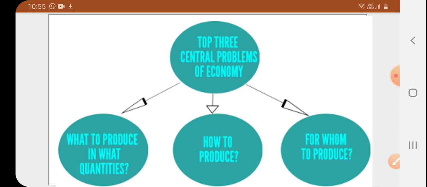How to produce: using equipment, services, labor, capital, what is the process of production. And for whom to produce. क्या प्रोड्यूस करना है, कैसे प्रोड्यूस करना है, और किसके लिए प्रोड्यूस करना है.